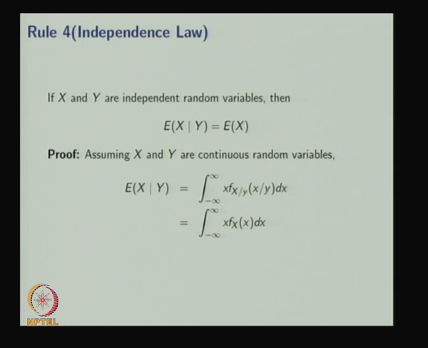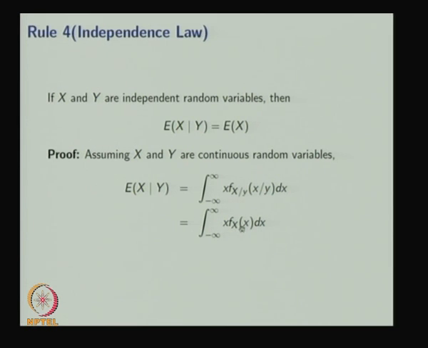The next one is the independence law. If two random variables are independent, then the conditional expectation and the original expectation are the same. For the proof, assuming both the random variables are continuous, the conditional expectation is given by definition, and you know that if both the random variables are independent, then the conditional distribution is the same as the marginal, therefore you can replace this by the marginal distribution.